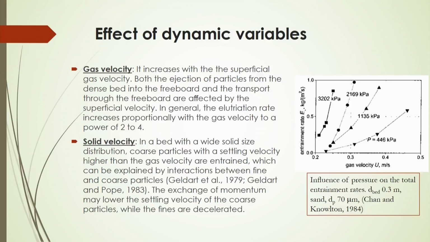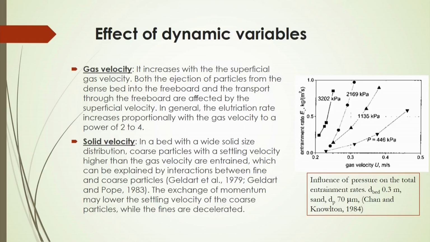Only if the gas velocity is greater than the settling velocity of the coarser particles will their entrainment happen. With a wider size distribution, a mixture of coarser and finer particles will be there.